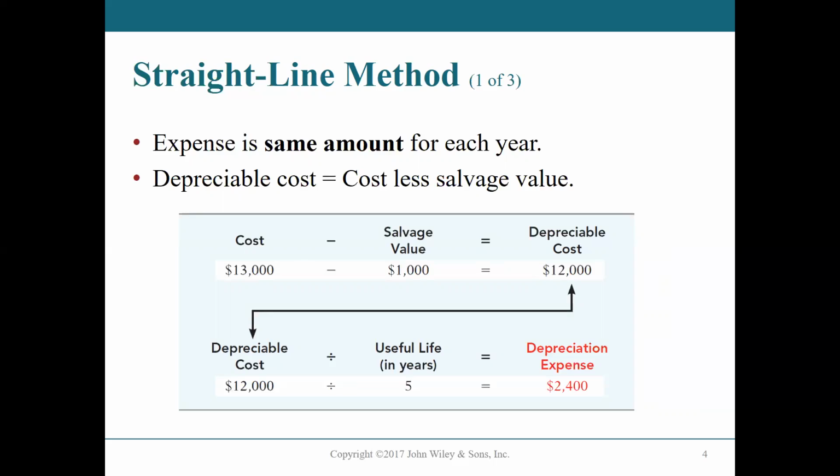So for this book, they have us always do depreciation for a year. Some businesses record depreciation expense monthly, but for our purposes, if it costs $13,000 and we have a salvage value of $1,000, that gives us a $12,000 depreciable cost. Then we divide that depreciable cost by its useful life in years, and that gives us the amount of depreciation to expense each year.